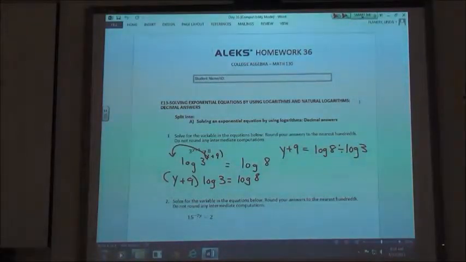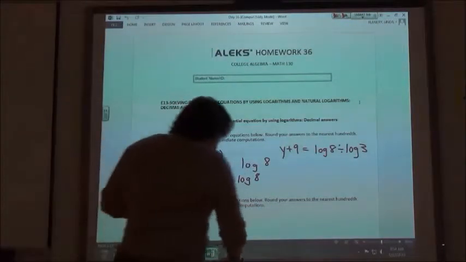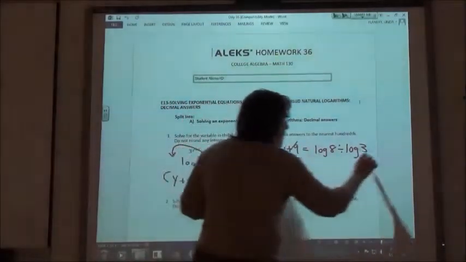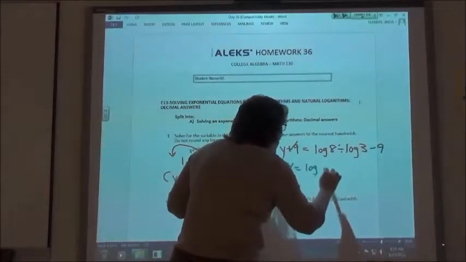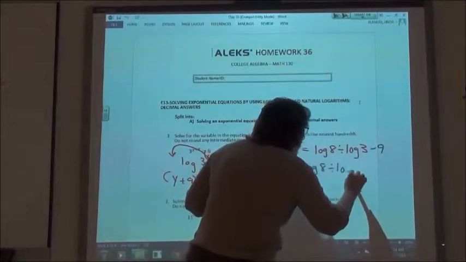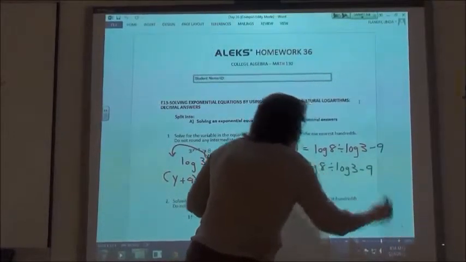Then there's going to be one other little thing to do to solve that. I need to get the y by itself, so I need to move the 9 over. So now I got to minus my 9, right? So y is going to equal the log of 8 divided by the log of 3 minus my 9.